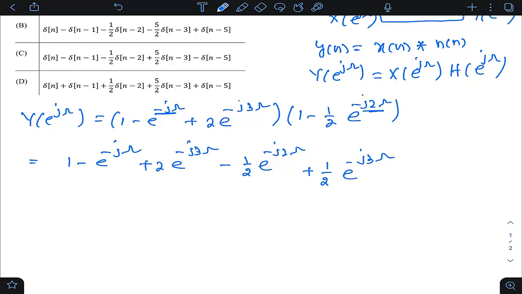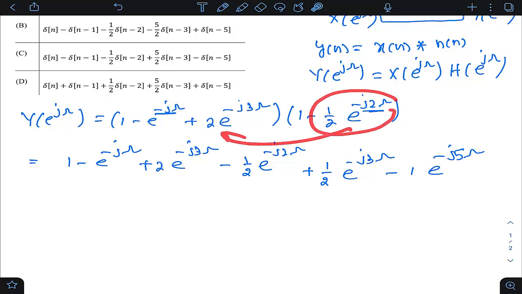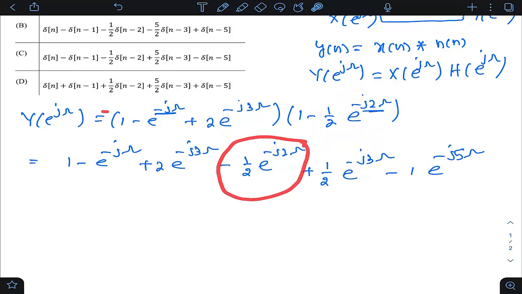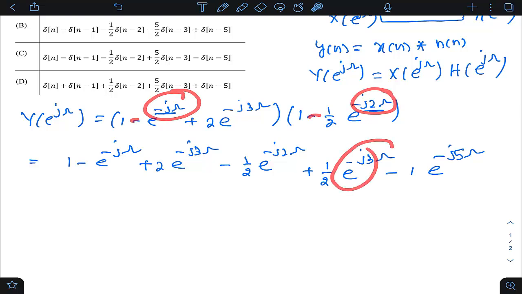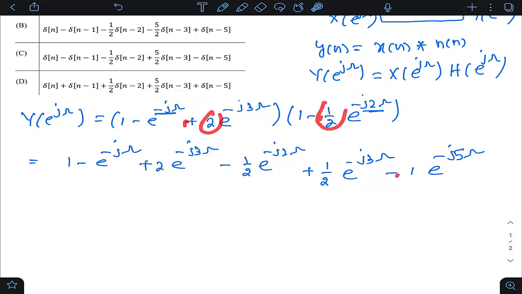Again minus into plus is minus, 2 into half is 1 into e raised to power minus j5 omega, because if you multiply this term with the entire term, the first term is same as this one, so you get minus half into e raised to power minus j2 omega. Next is minus minus plus, then e raised to minus j3 omega. Then minus into plus is minus, then 2 into half is 1, so minus 1, and this into this is minus j5 omega.